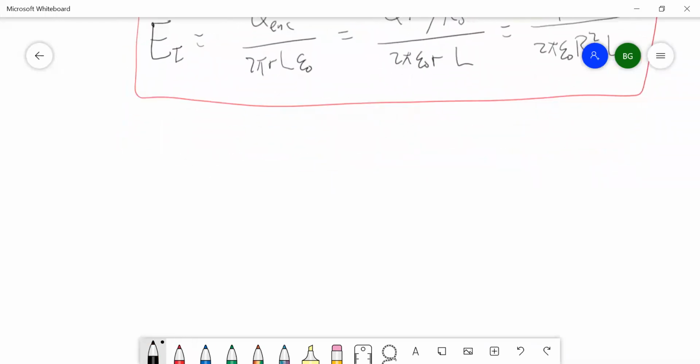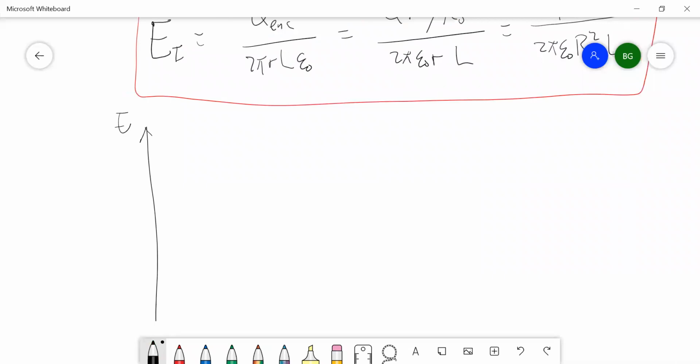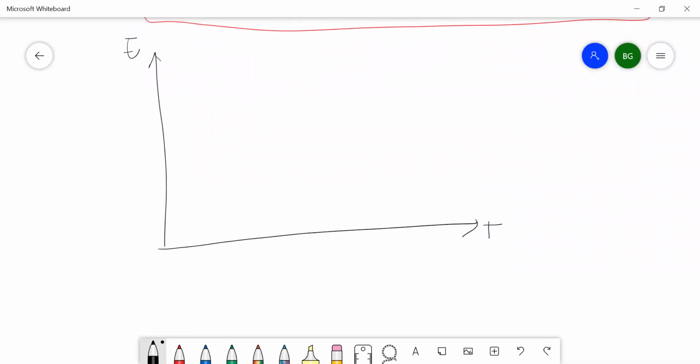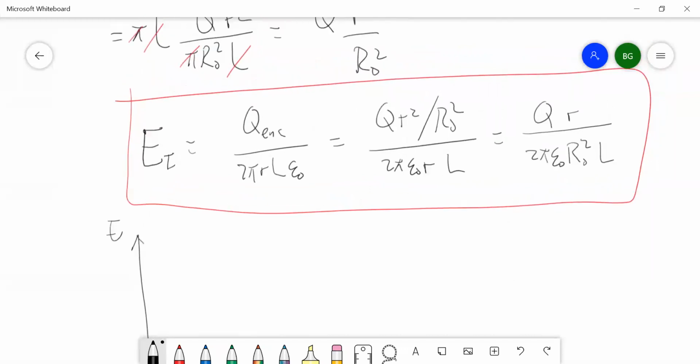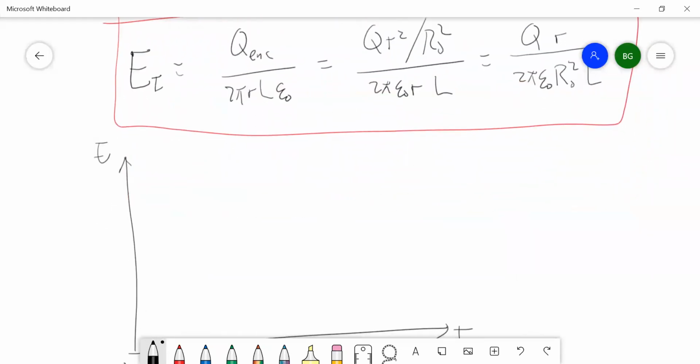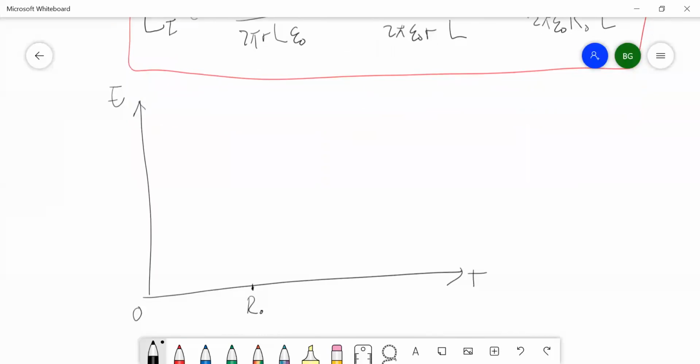So you can draw E against R. You get 0 here and R0 here.